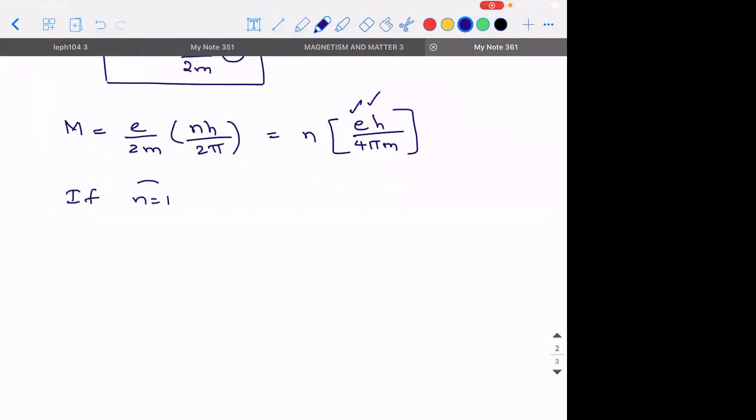If n is equal to 1, then μ will be equal to eh divided by 4πm.